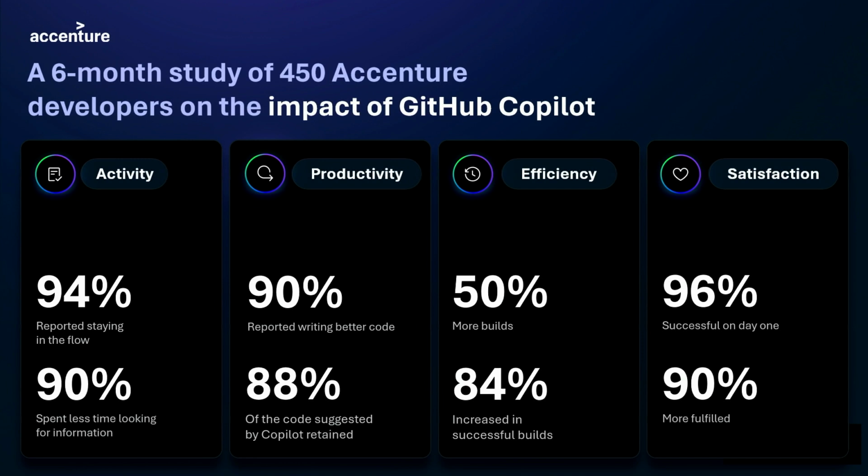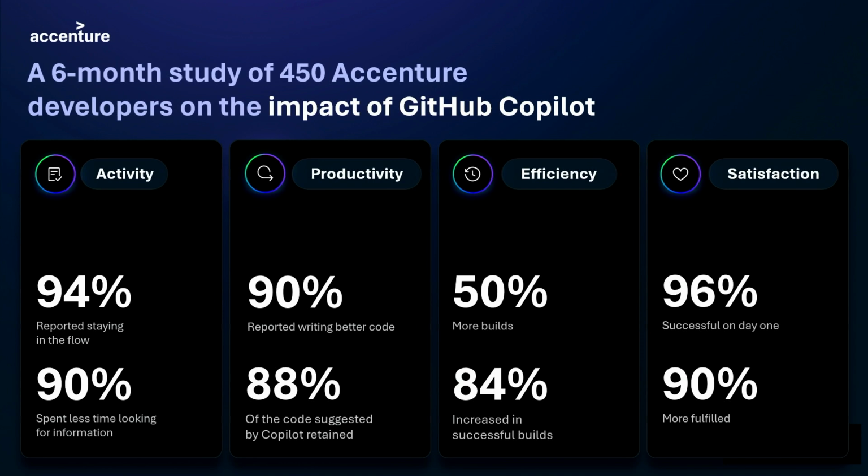And then Accenture is doing a massive rollout of Copilot right now, and they're doing loads of testing and seeing huge increases in productivity. My favorite stat is the one about builds. One of the fears people sometimes have with AI technologies is that if you use AI to generate lots of code for you, you're going to make really big PRs that are hard to code review.